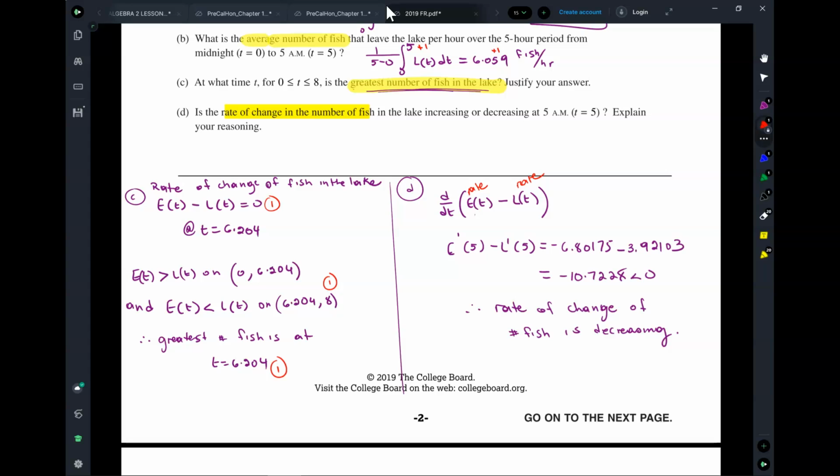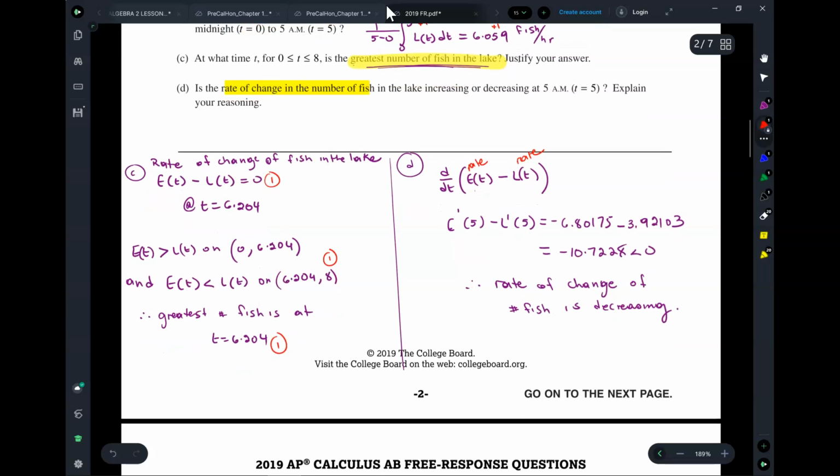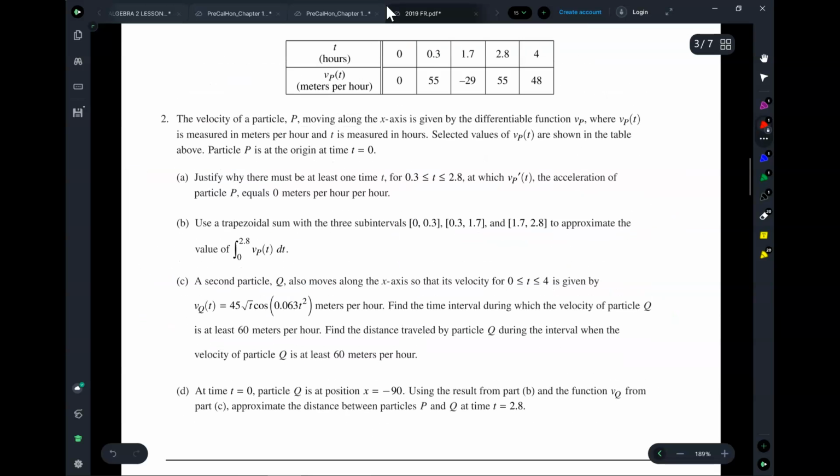Then you get 1 point for looking at the derivatives, and 1 point with the answer and the explanation. So suppose you do A, B, C, and you get to this point and have no clue. That's 2 out of the 9 points, which is really not that bad.